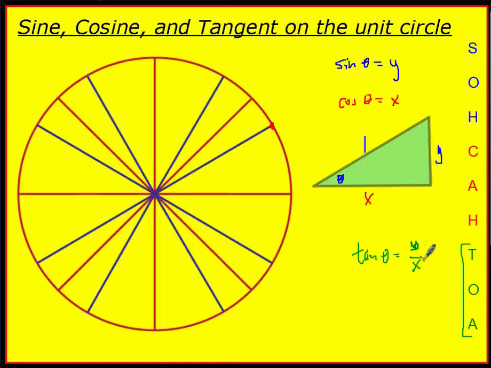This formula for tangent should be reminiscent of the slope formula, y2 minus y1 over x2 minus x1. That's one good way to remember that it's y over x and not x over y. You can also go back to SOHCAHTOA and remember it's opposite over adjacent and keep this triangle in mind. That helps out a lot too.